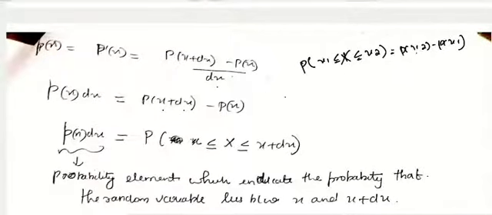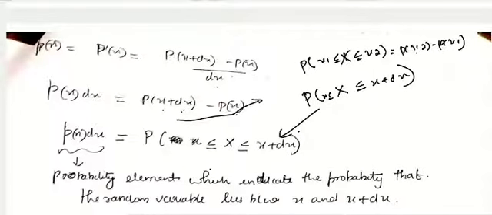So, that means our x2 is x plus dx and x1 is x, right. So, instead of that I can write this one as P of x, that is varying between x plus dx and x. So, that is what is written here. Okay.